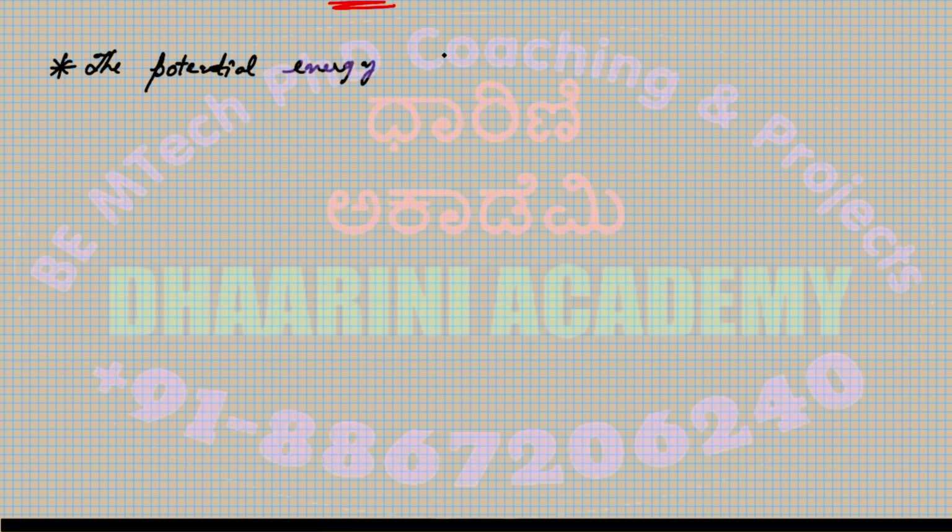The potential energy of a certain body at a position, say A, is minus 40 joules.